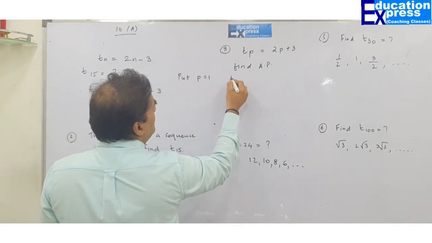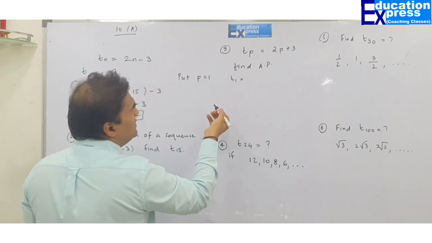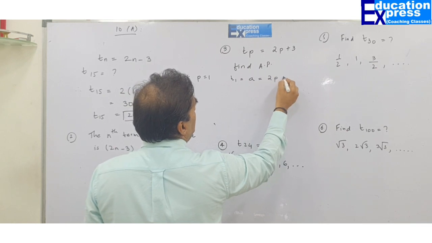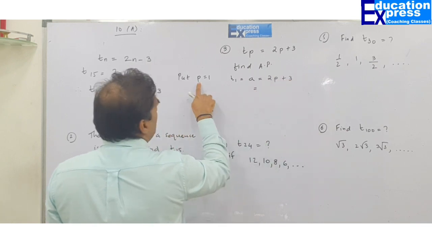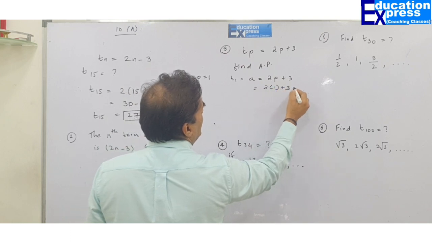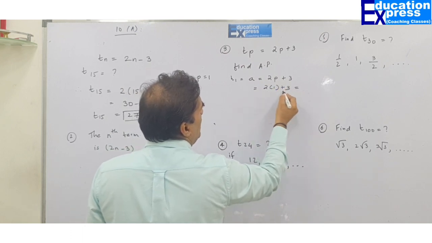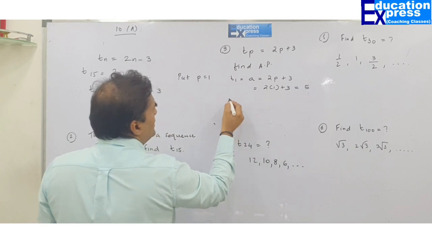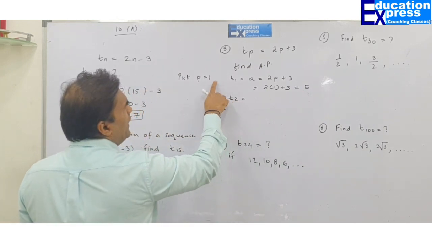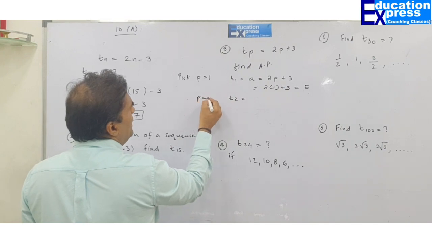So that means T1, the first term, which is A, will be 2p plus 3. In place of p, please put 1. So 2 into 1 plus 3, that would be how much? 2 plus 3, 5. If you want to find out second term, put p as 2.